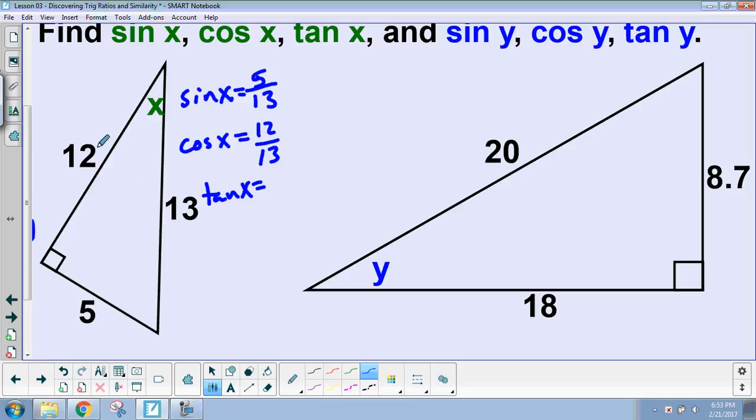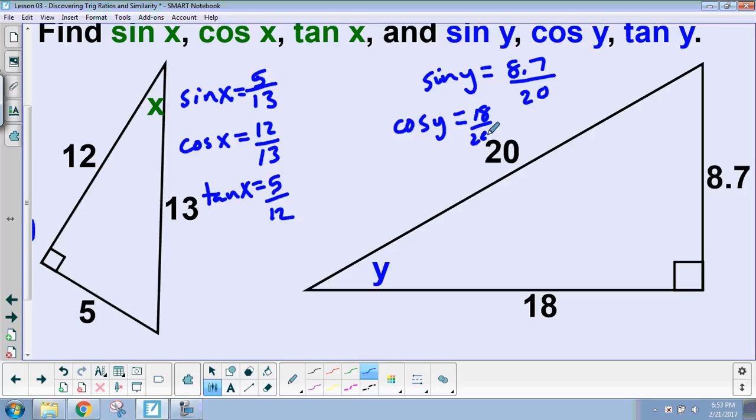Over here, sine y, 8.7 over 20. Cosine y would be 18 over 20. And this reduces to, let's see, divide that by 2 to get 9 over 10.